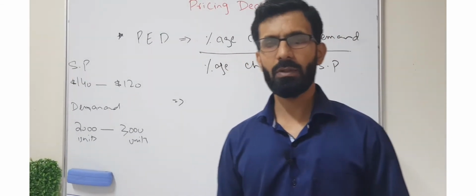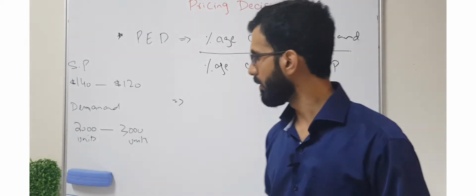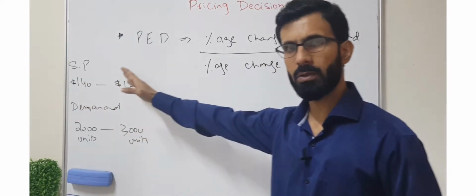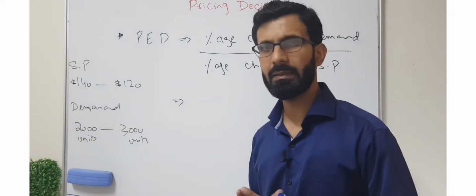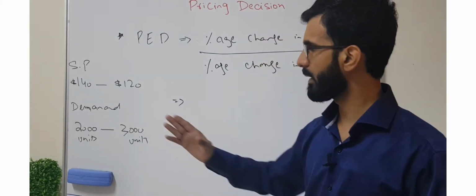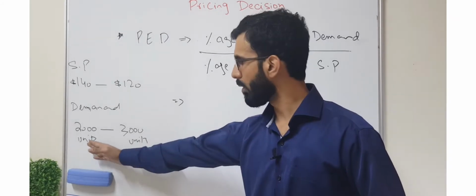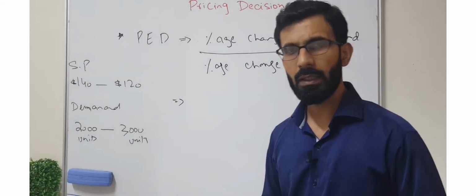In this example from the technical article, the selling price moves from $140 to $120, so we decrease the selling price. As a result of this decrease, the demand increased from 2,000 units to 3,000 units.